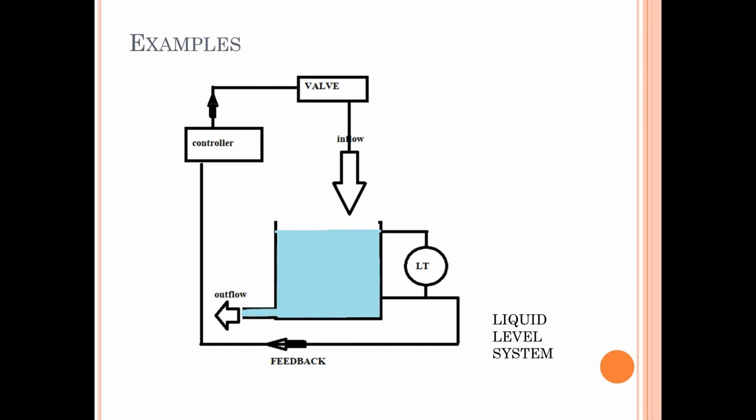Now, in this liquid level system, the level transmitter is the sensor and the valve acts as the final control element, and the liquid level of the tank can be controlled by controlling the inflow rate through the valve opening.